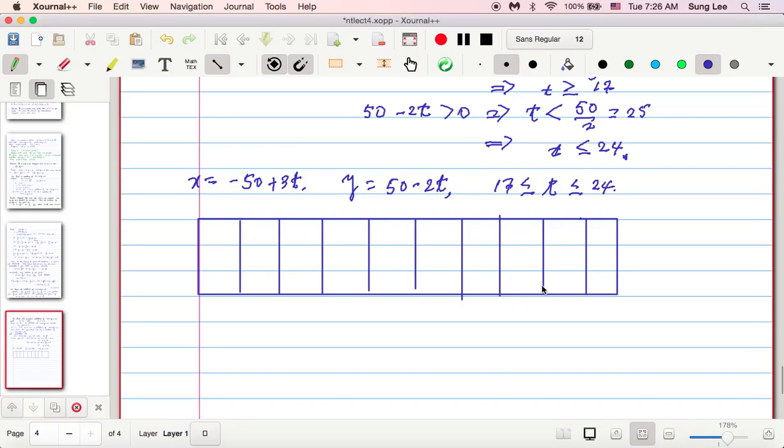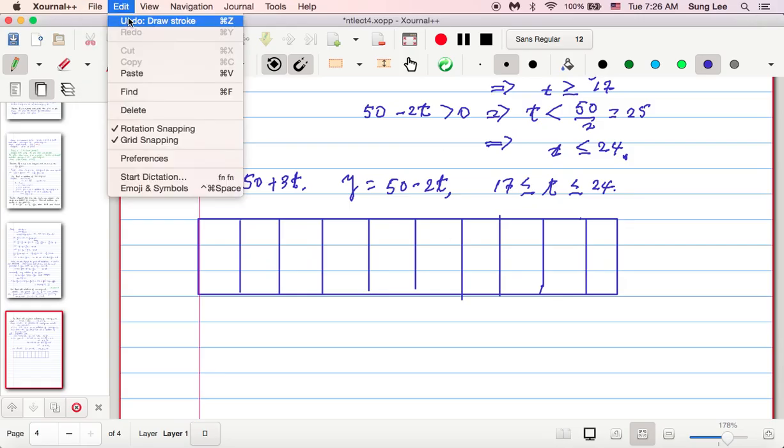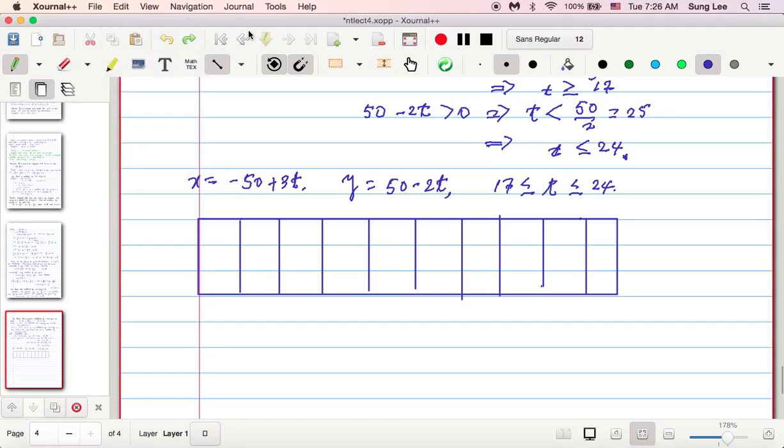So I need 9 columns. Okay, 9 columns. 1, 2, 3, 4, 5, 6, 7, 8, 9.